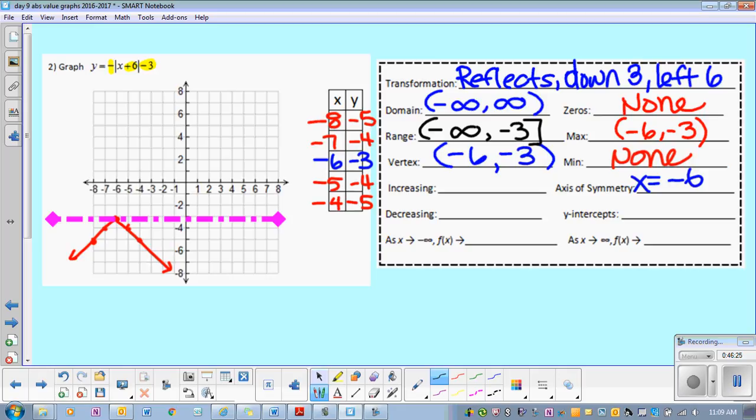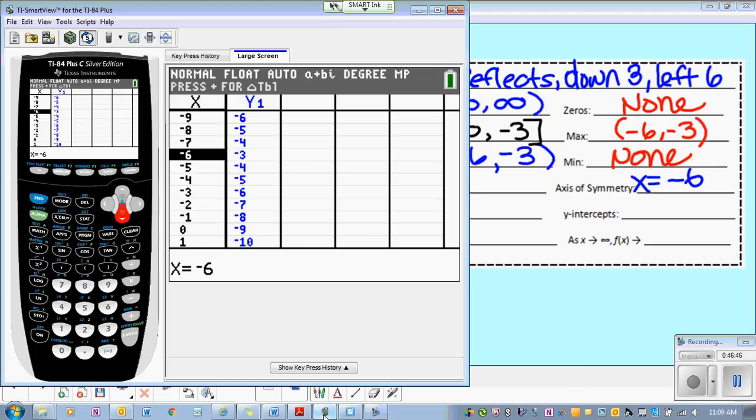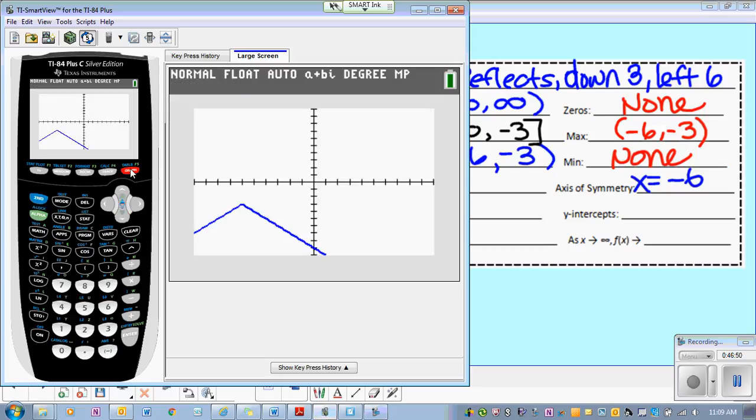Does that make sense? All right, so the y-intercepts. Here's the thing. This is going to keep going. It crosses somewhere here. But you have your calculators. I'm going to show you a little calculator trick to get the y-intercept. You want to go back to your calculator and go to graph. You still have the same one up, right? Okay, everyone go to calculator, hit graph.